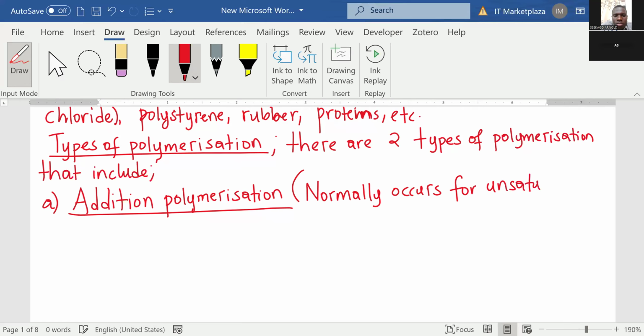In particular, it normally occurs for unsaturated monomers.